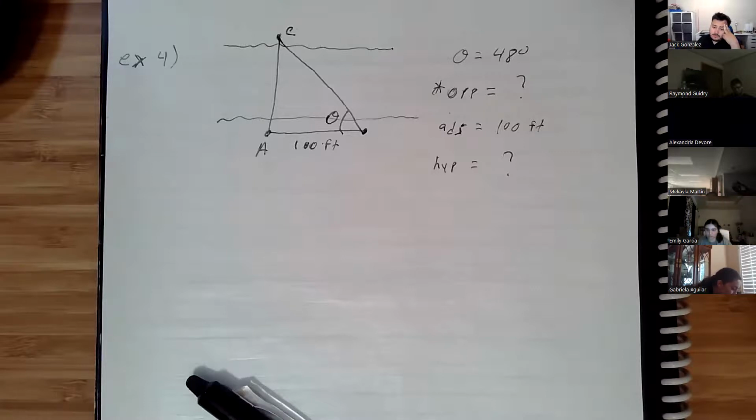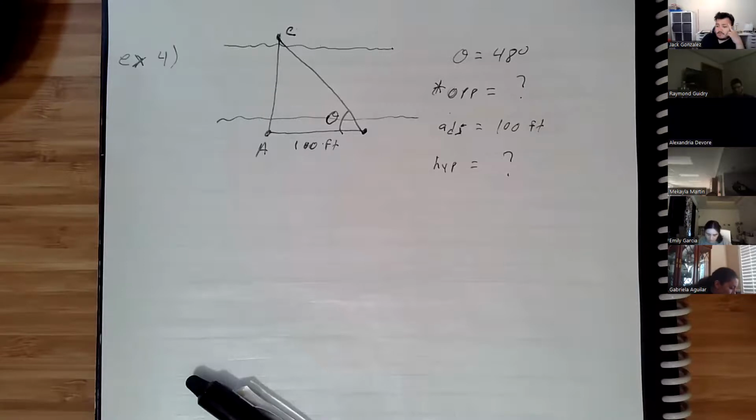Cosine could work. Well, cosine requires the hypotenuse. So cosine could help you find the hypotenuse, but that's not what we want. Cosine is equal to adjacent over hypotenuse, and we have adjacent, so we technically could solve for the hypotenuse. But we're not going to do extra work if they didn't ask us to.